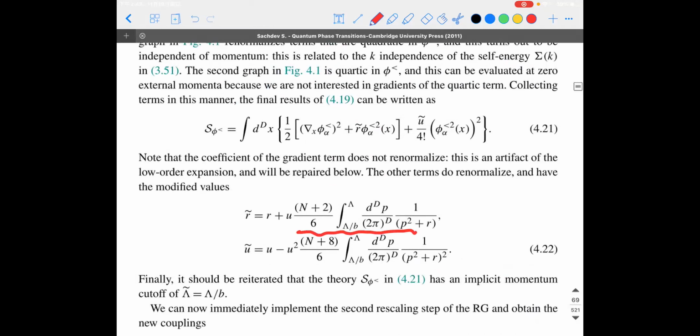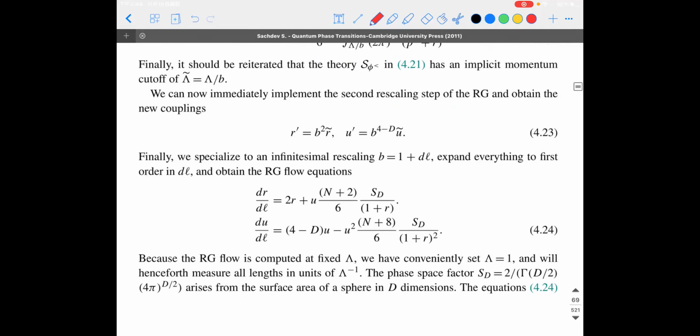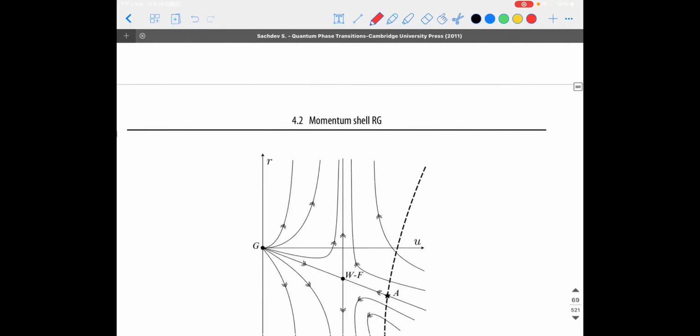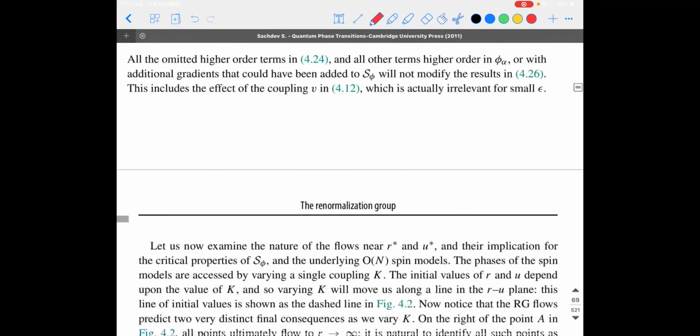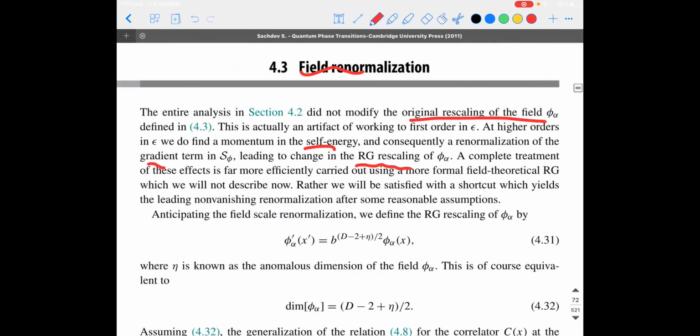There's no d minus 2, d minus 4, something like this. I just want to know why we got the factor d minus 4. Or maybe it just comes from the integral. When you run the calculation, then you can find it. Why the epsilon expansion? Yes, self-energy.